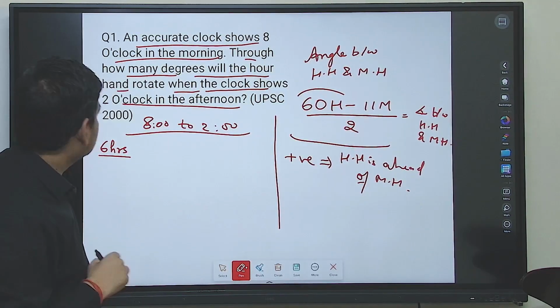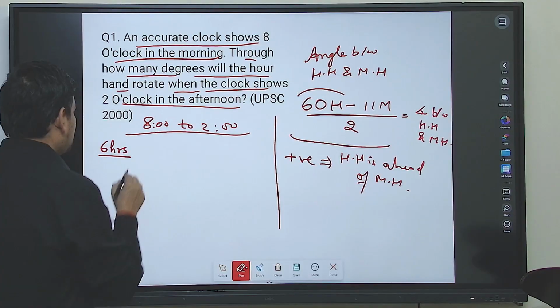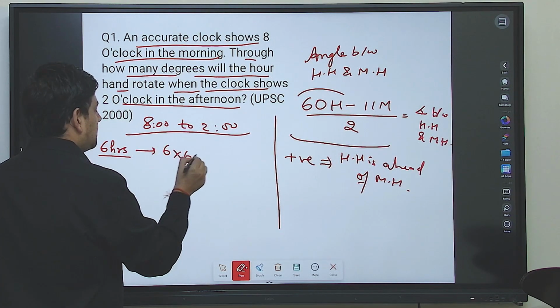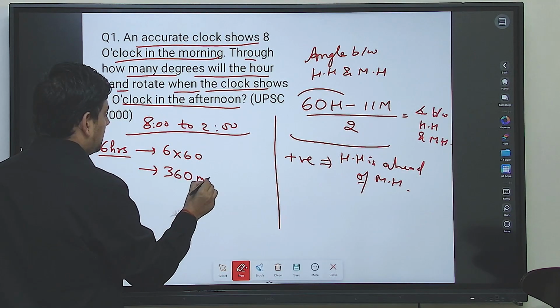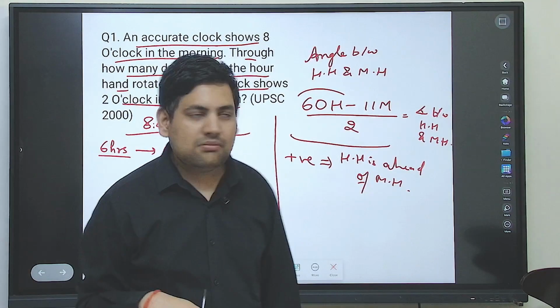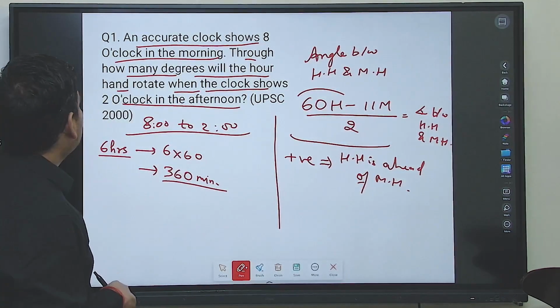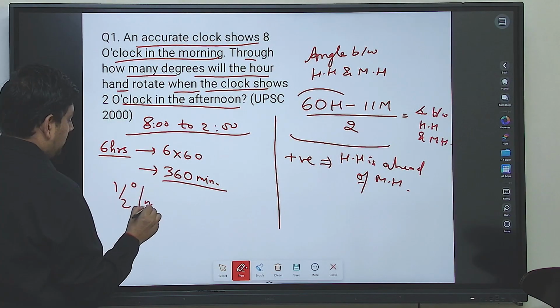Now, through how many degrees will it rotate in 6 hours? 6 hours is 6 into 60, or 360 minutes. What is asked? Through how many degrees the hour hand rotates. The hour hand rotates half a degree per minute.